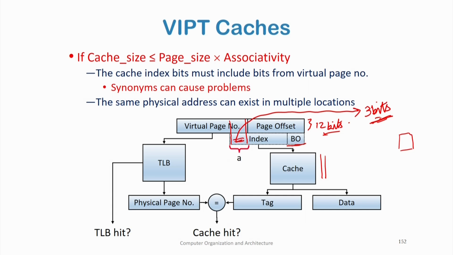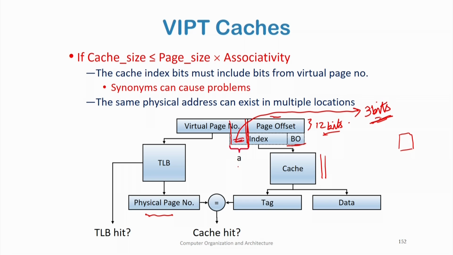Previously, I was only using the physical offset part of the cache, and therefore, when I am appending it to the physical page number and the physical page offset, I know that corresponding to this physical address, my cache block will sit in a particular set or particular block in the cache only.